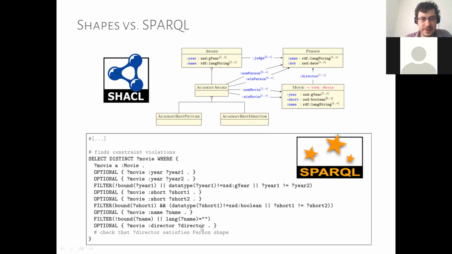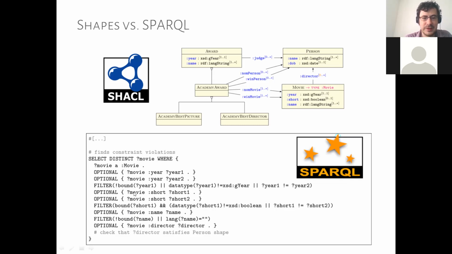So here, this is the constraint for movie. Effectively, this is equivalent to what we have here. We're targeting type movie, so we just put that at the start of the query, and then we try to find some years. Okay, and then we try to make sure that there is at least 1 year here, so we find movies where there's no year, or where some year is not a gYear, or where year one is not equal to year two, which means that there's at least 2 years when there should be precisely one, and so forth.